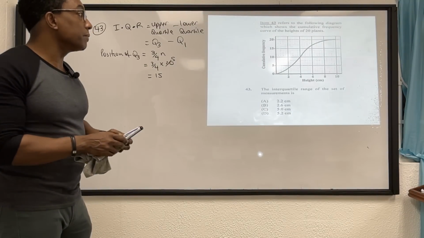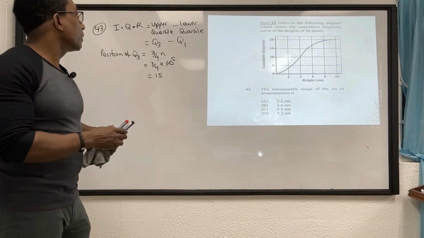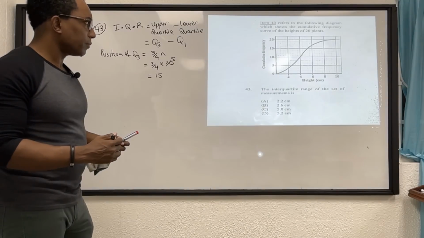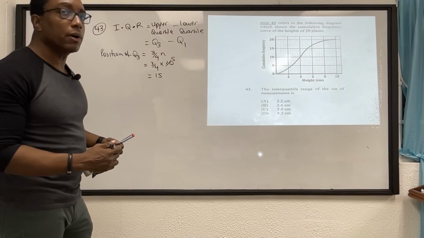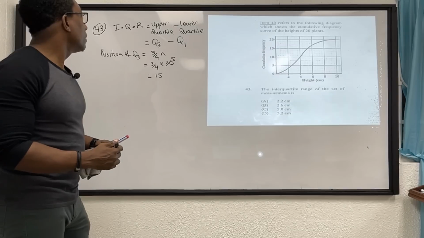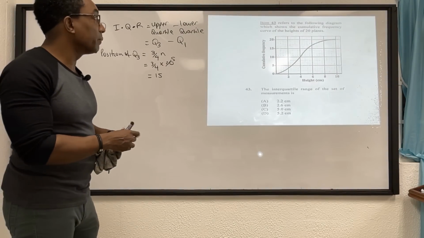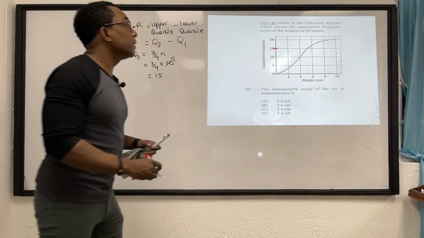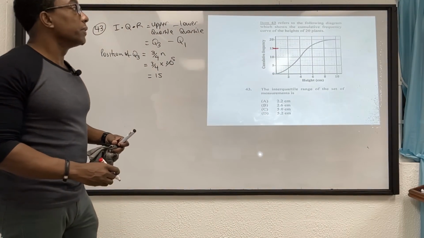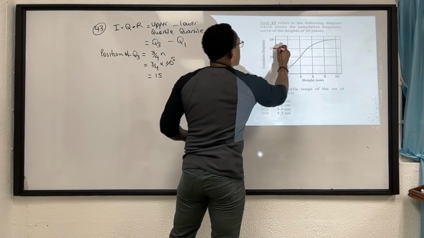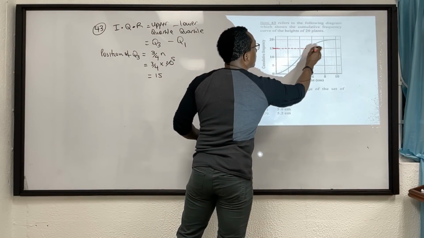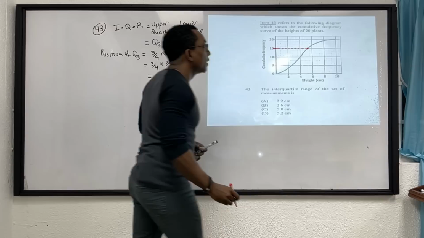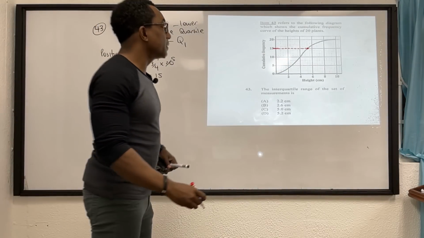But to determine the height corresponding to the position of that upper quartile, we're going to locate 15 on our cumulative frequency axis. We're going to draw a dotted line across to touch the curve, and we're going to travel towards the height axis.